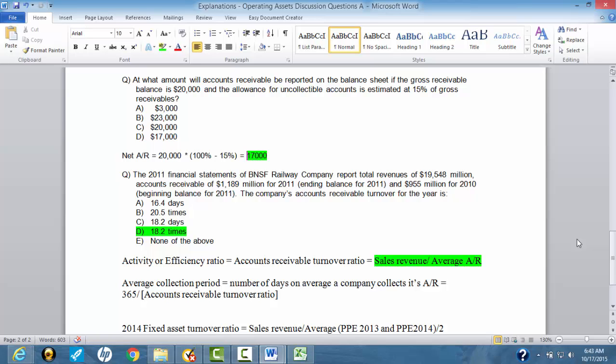Now, the account receivable turnover ratio measures how quickly a company collects its account receivable. The more turns implies that a company is collecting its account receivables more quickly, and that is more desirable.